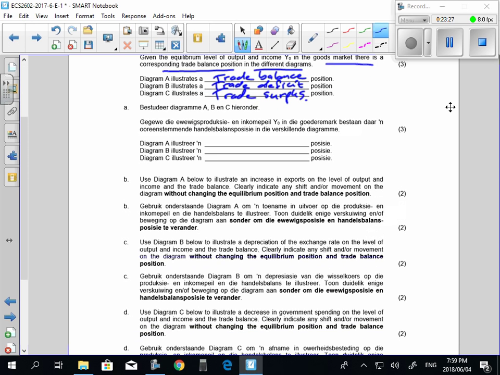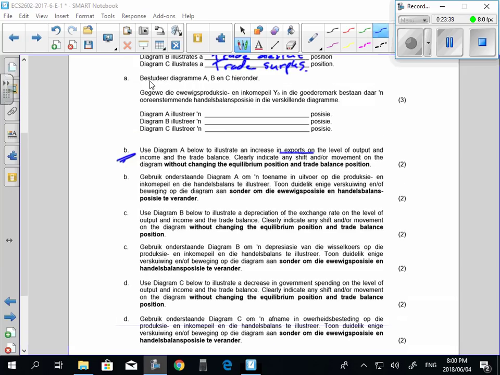Right, question B. Use diagram A and illustrate an increase in exports on the level of output and income and the trade balance. All right, so use diagram A to illustrate an increase in exports on the level of output and income and the trade balance. Clearly indicate any shift of or movement along the diagram without changing the equilibrium position.